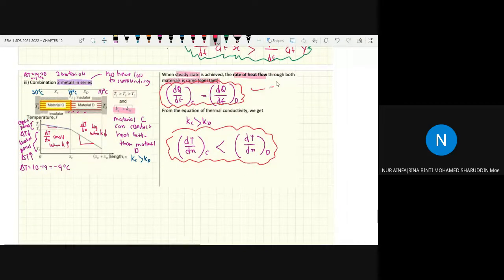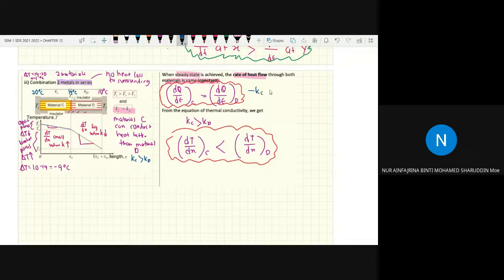Okay, Miss nak cakap contoh, bila dia cakap rate of heat flow dia sama, maksudnya negatif kA dT/dx sama juga dengan negatif kA dT/dx. Cuma ini adalah untuk material C dan ini adalah untuk material D. Sekejap Miss tulis dulu. So, bila dia cakap rate of heat flow dia sama, awak boleh buka equation dia.